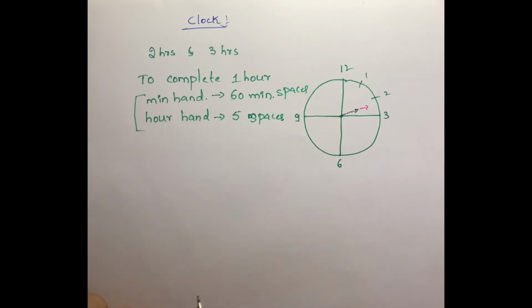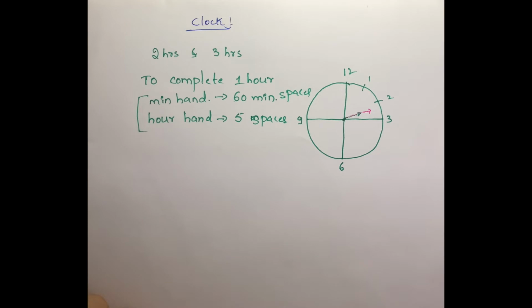For example, you have 10 chocolates and I have only 5 chocolates. So when you compare yourself to me, you have got 5 extra because you have 10 and I have only 5, isn't it? So you get 5 extra chocolates. It means that you have gained 5 chocolates, right?